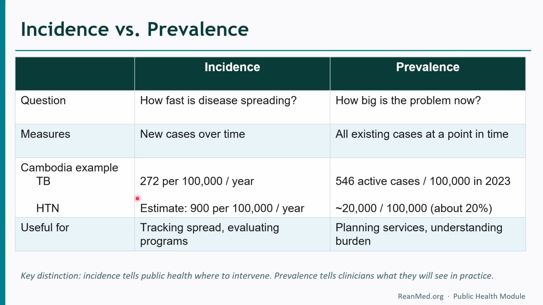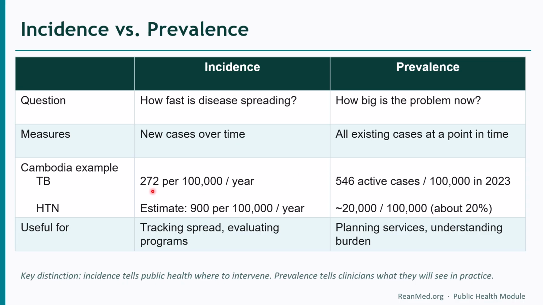However, for tuberculosis, we see that the incidence of new active cases is 272 compared to 546 active cases being the prevalence. So that can mean two things. One is that because the prevalence is smaller compared to the new incidence, it means that the cases are not lasting very long.